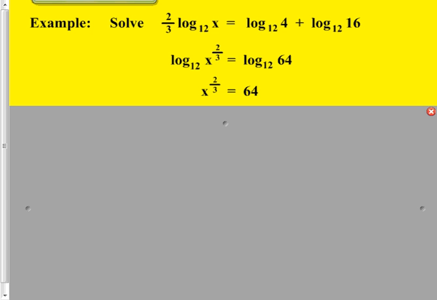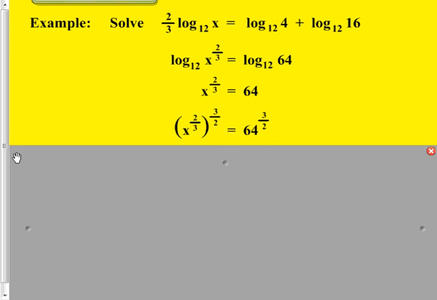Well, we don't want x to the 2/3 power, we want x to the first power. So to get that exponent off of our x, we would raise that to another exponent that would cancel 2/3 out. And of course, the thing that will do that is the reciprocal of 2/3, which is 3/2. So we're going to raise both sides of the problem to the 3/2 power.